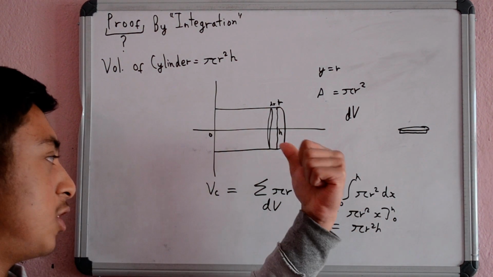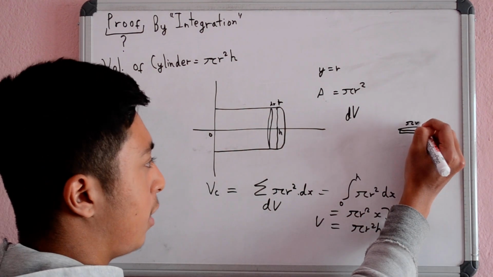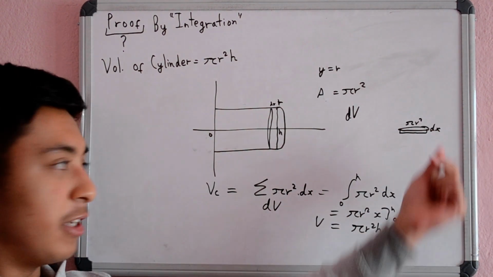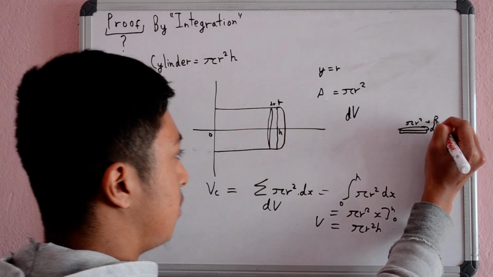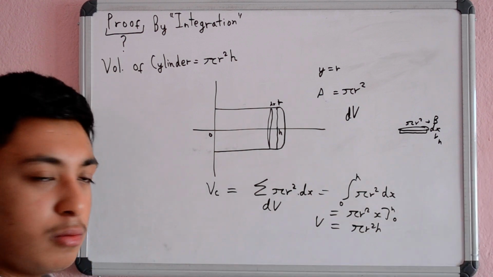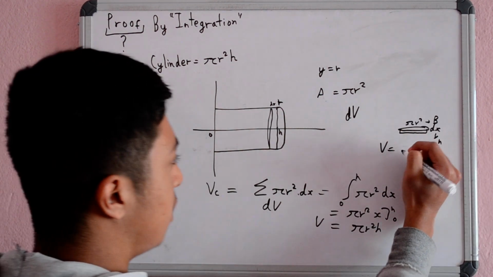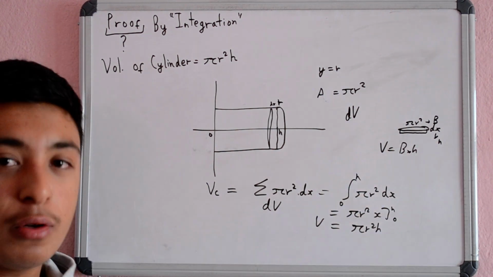But what I just proved here is that the volume of the cylinder is pi r square into dx. Here pi r square is the base area, dx is the height. So I just proved that the volume of this thin cylinder is base into height without integration.